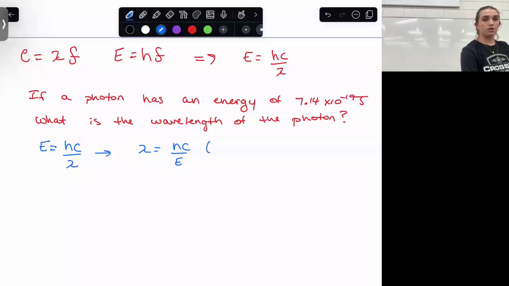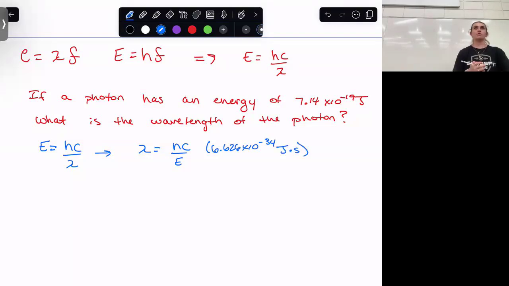Does anyone know Planck's constant? That's right, right? Okay. Dang, you do this long enough, it kind of sticks with you. And then does anyone know the units on Planck's constant? Joules times second. Right?